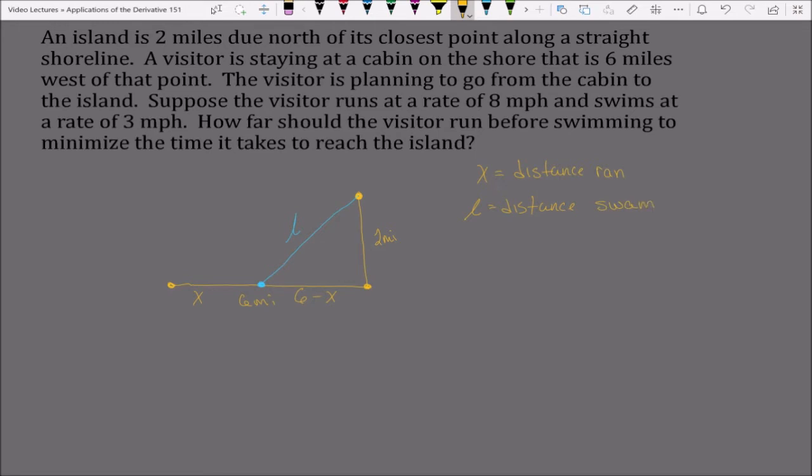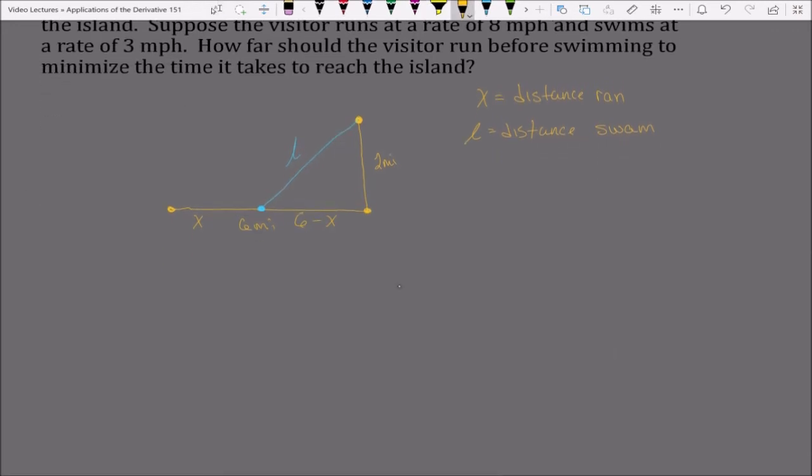Now, what do we know? Well, the time spent running is how far you run divided by how fast you run. Time swimming, same thing. It's how far you swam divided by how fast you can swim, which in this case is 3 miles per hour.